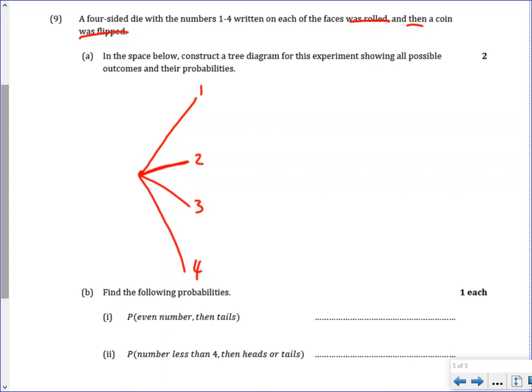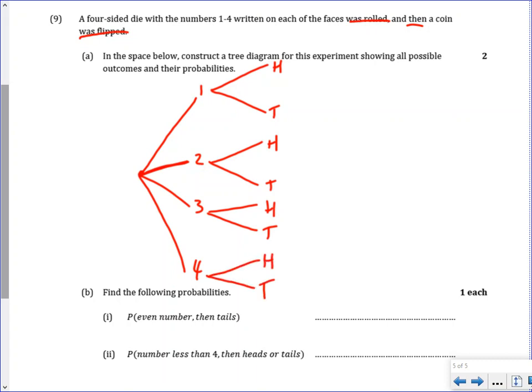So we break that into 2, and that could be heads or tails. Heads and tails, heads and tails, heads and tails. So that's first of all showing all the possible outcomes.